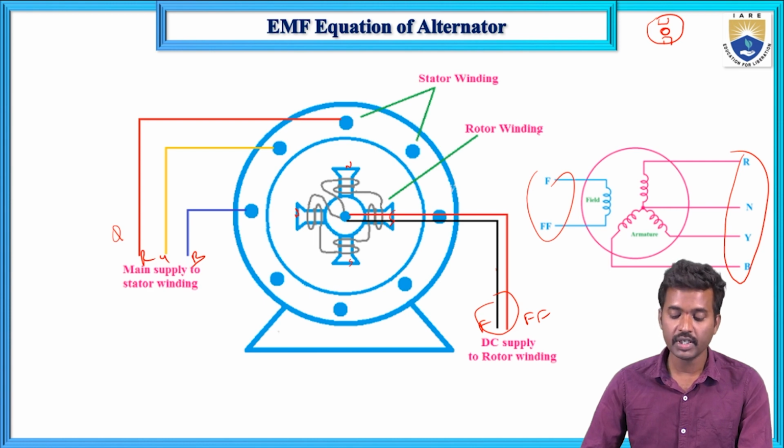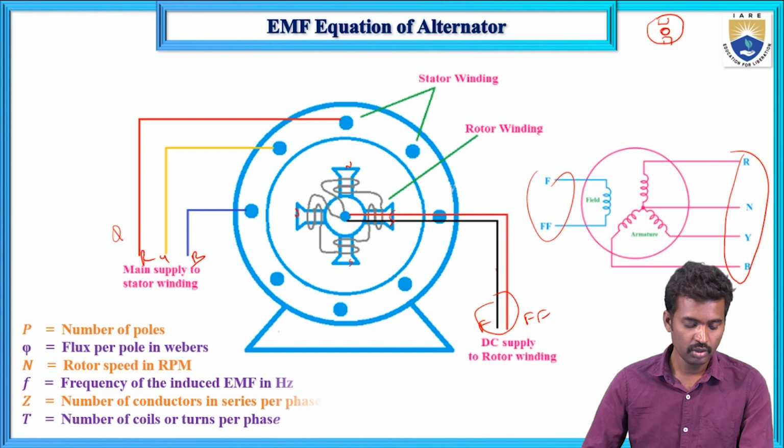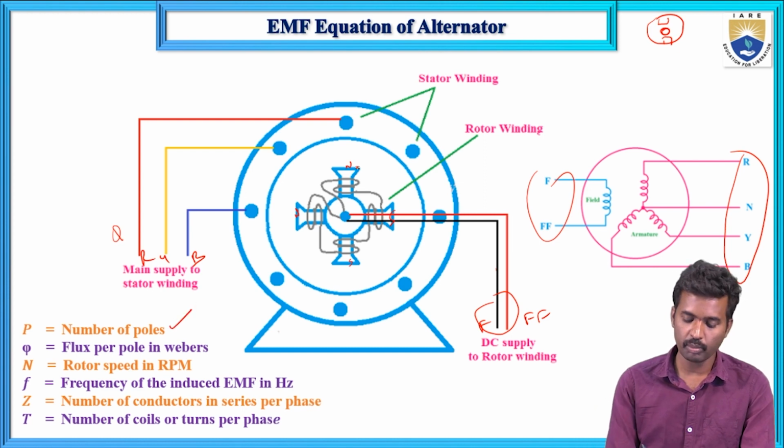Now the terms related to this alternator. First, P is the total number of poles, here 1, 2, 3, 4. Phi is the flux per pole, the flux in this area for each pole. N is the speed of the rotor.